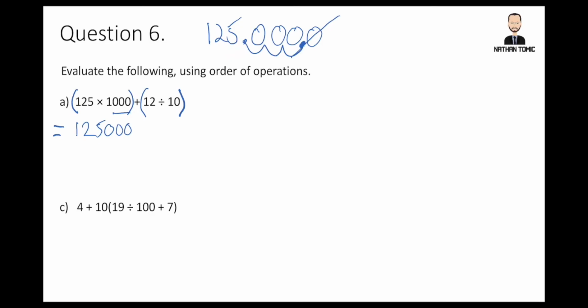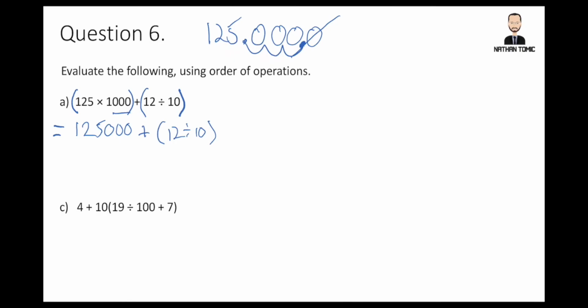I'm not going to show this decimal place value anymore because my original question doesn't show any decimals. So I'm using that convention we kept talking about of showing how many decimal places there are in the question unless I'm told specifically to show something else. Now I've still got plus bracket 12 divided by 10. So remember, do one operation at a time.